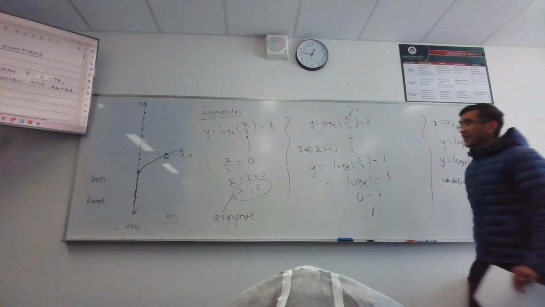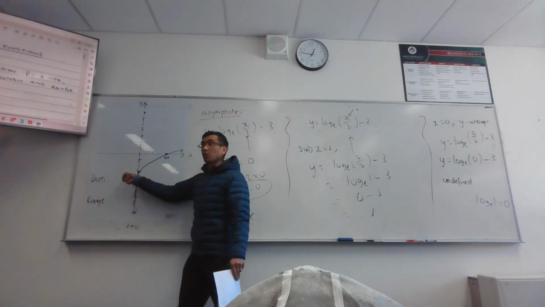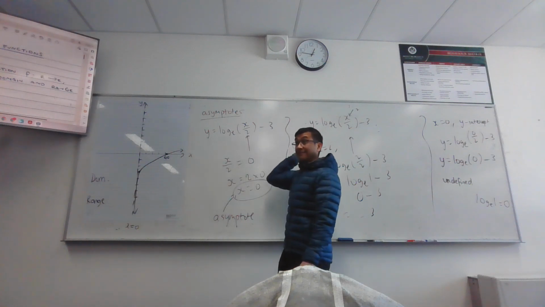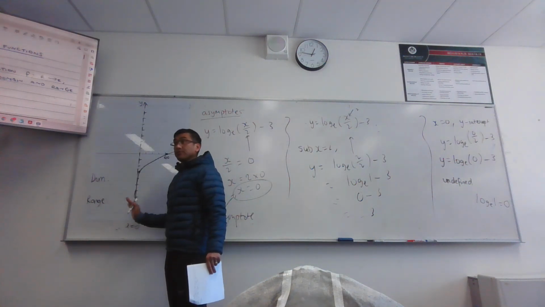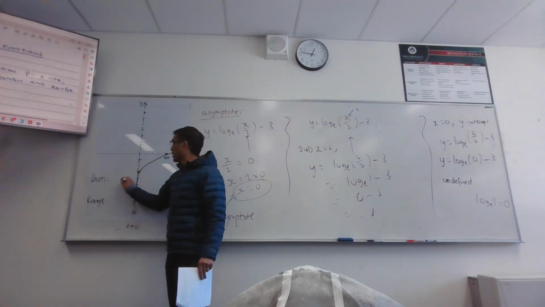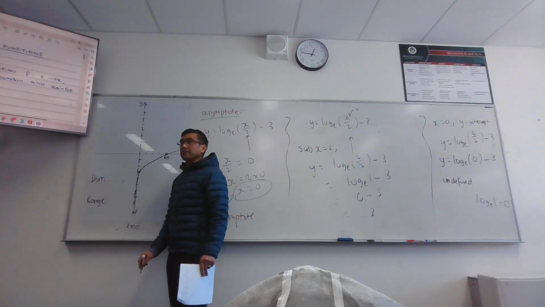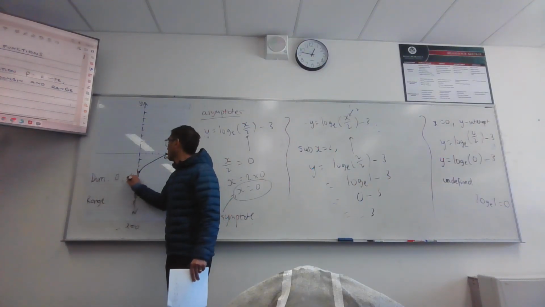So my x values for my domain go all the way to infinity, but it stops at this invisible wall. How would I describe that? If I wanted it in brackets, 0 to infinity.